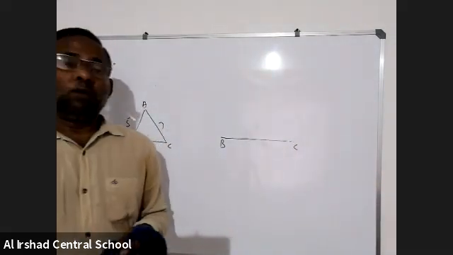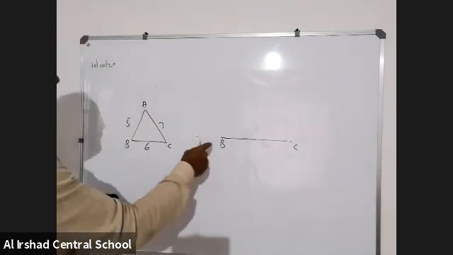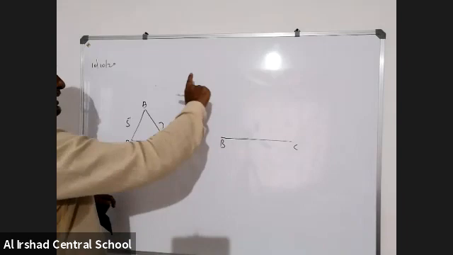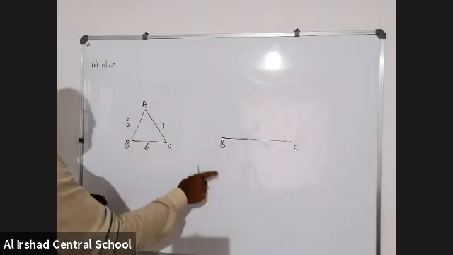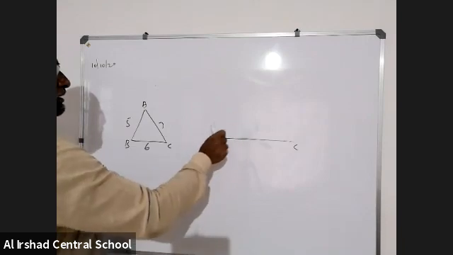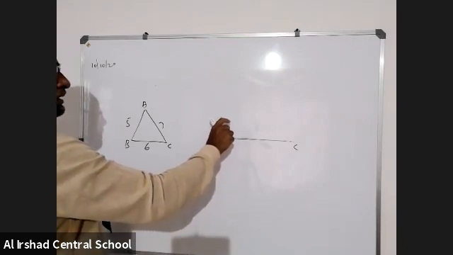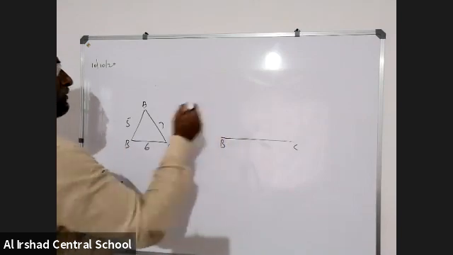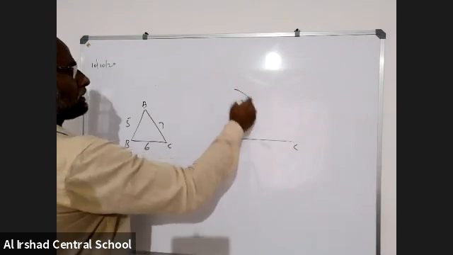What will we do? Take the compasses and measure 5 centimeter from the scale. Make B the center. The pointer put here, and from here put an arc.